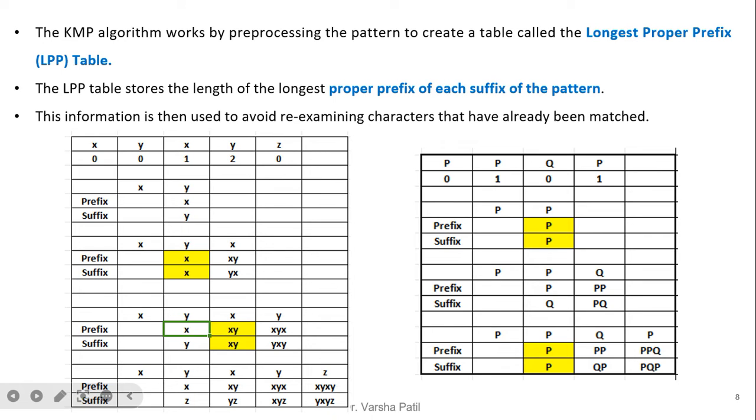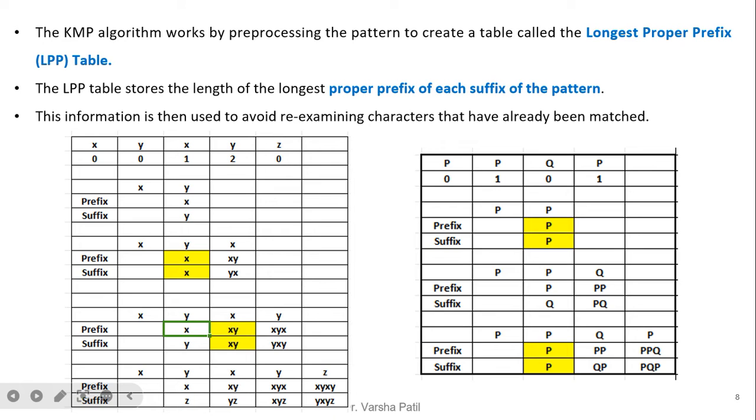So therefore the value at the Z location is 0. So initially for the first character we are taking the value 0. For the next two characters we are checking 1 prefix and 1 suffix. For 3 we check 2 prefix and 2 suffix, and the maximum match we are mentioning here. That is nothing but the LPP table.